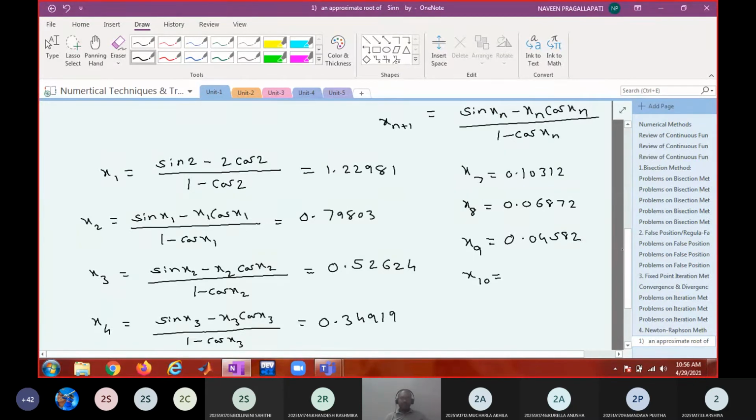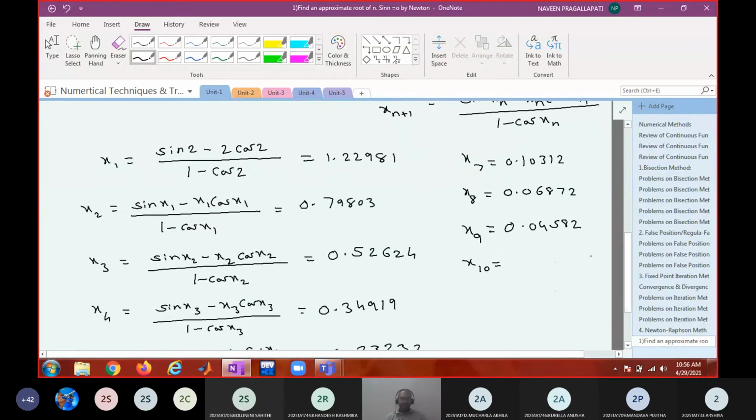Let us aim for 2 decimal places of accuracy. I think by x11 you should be able to get the desired level.